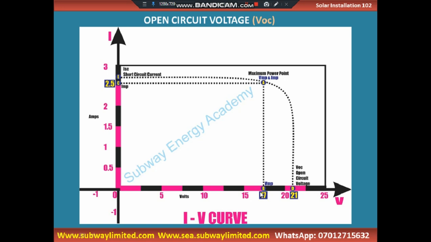So when you test the open circuit voltage, the voltage you get when you connect the positive probe of your solar panel with the negative probe will give you the open circuit voltage of the solar panel. So open circuit voltage of a solar panel is normally higher than the voltage at maximum power. Let's continue.